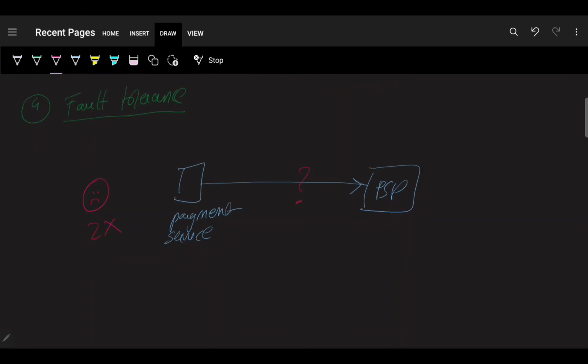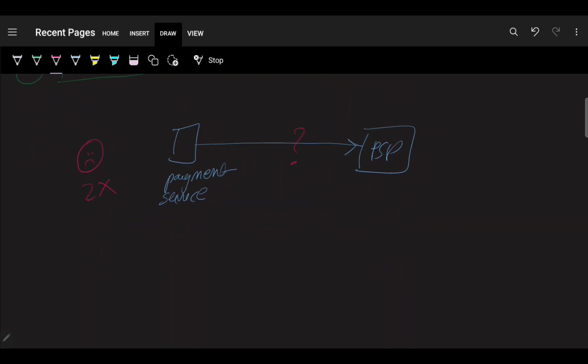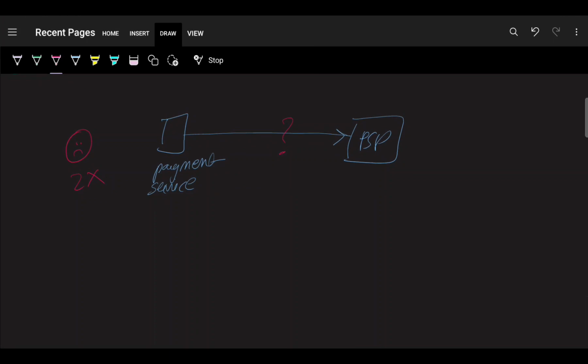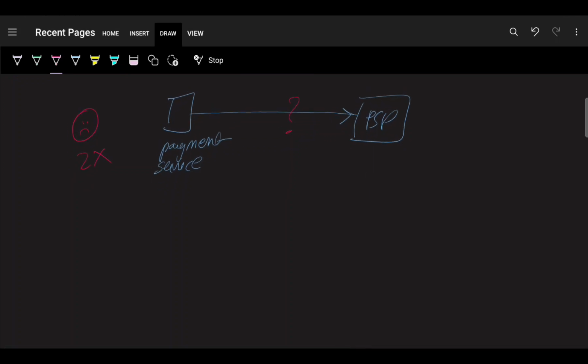So how do we make sure that this particular problem does not occur? Because this is the primary problem within the fault tolerance section. This is the king of faults that might happen to your system. So how do we go about it? Okay, so the concept used is to use.